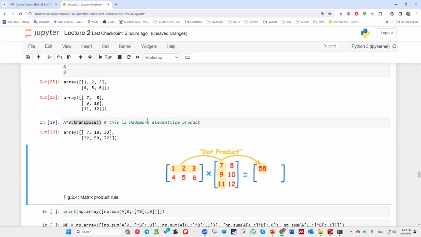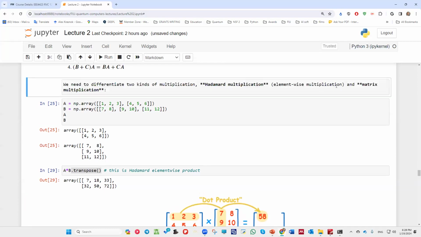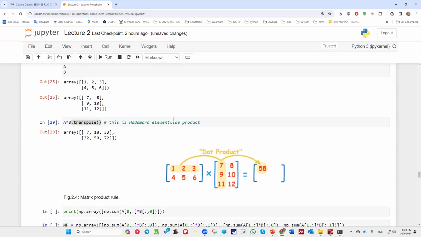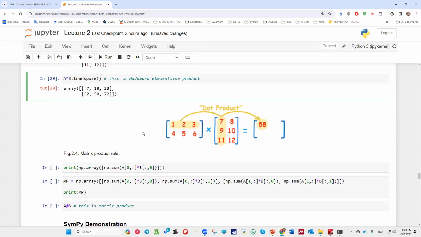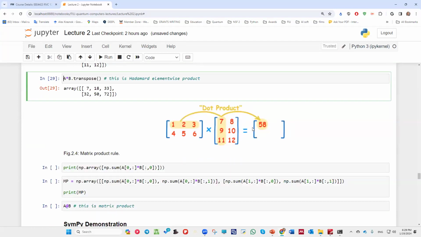The next type of multiplication, the more important one, is matrix multiplication. So what is matrix multiplication? There is a rule for matrix multiplication. If you have two matrices like this, the result is a matrix.